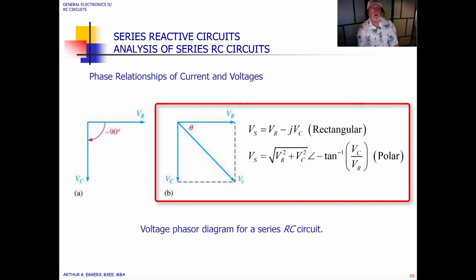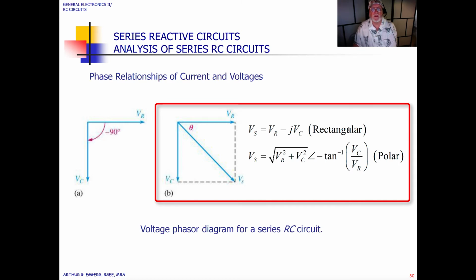In a phase relationship diagram here, we can see by using the phasors that we have the voltage across the resistor and that of the capacitor out of phase, lagging by 90 degrees. If we look at just the voltages, we've got the voltage across the resistor, the source, which is actually the resultant in this case, and the voltage across the capacitor, 90 degrees.